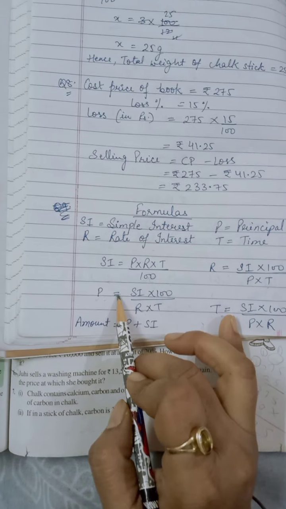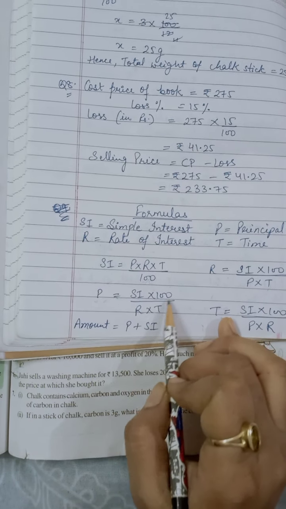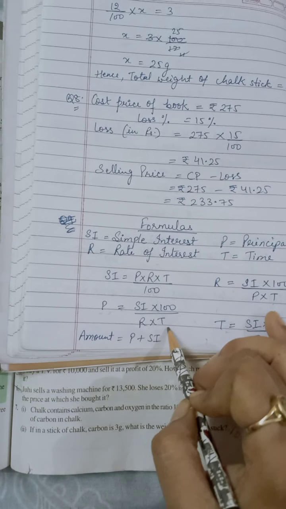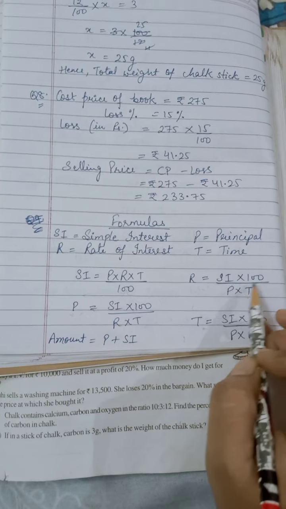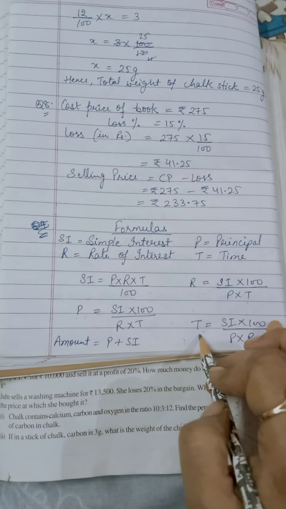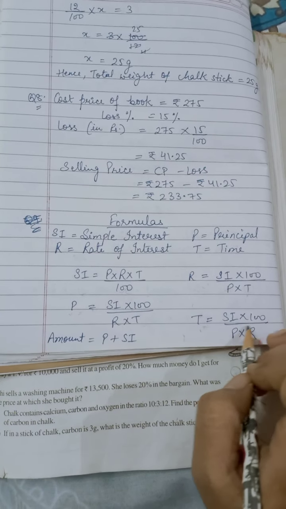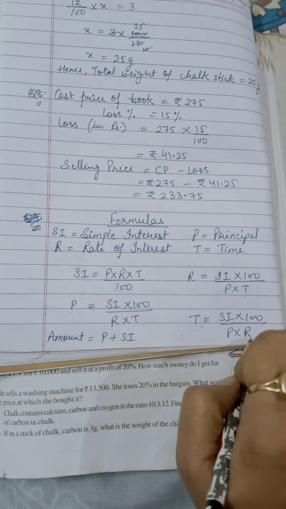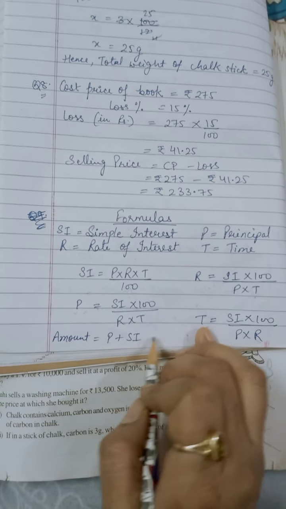To find principal, it is SI, that is simple interest, multiplied by 100 upon rate multiplied by time. To find rate, it is simple interest multiplied by 100 upon principal into time. To find time, it is simple interest multiplied by 100 upon principal into rate. The formula of amount is principal plus simple interest.